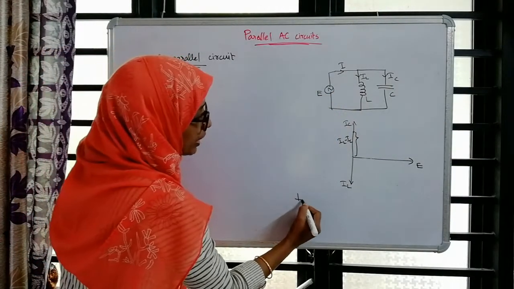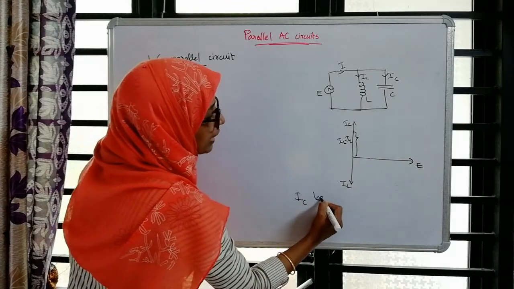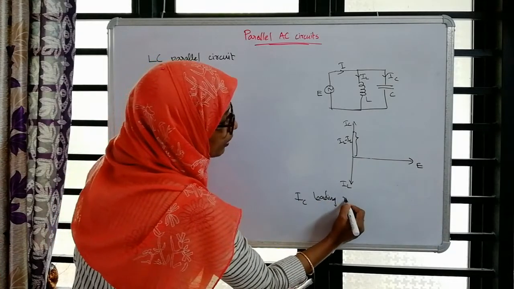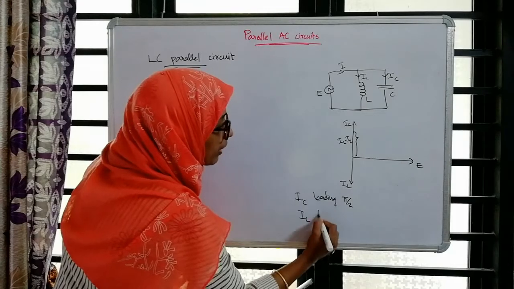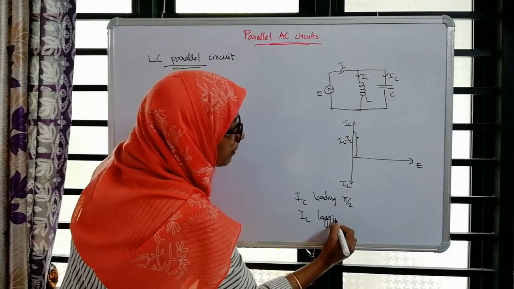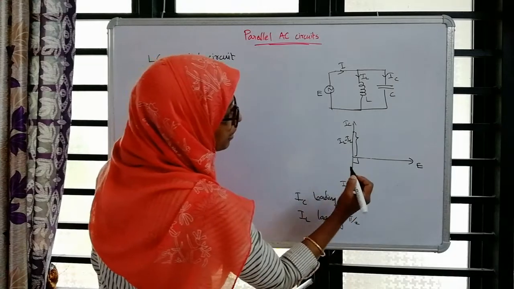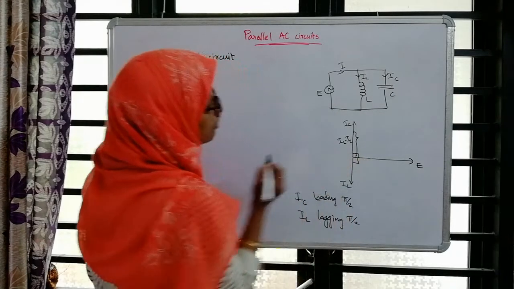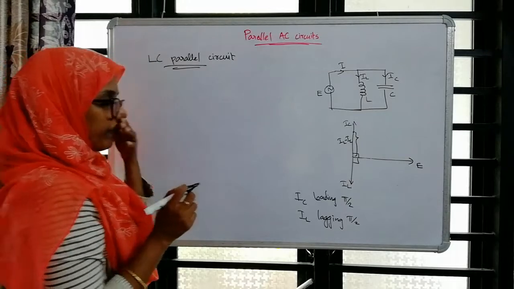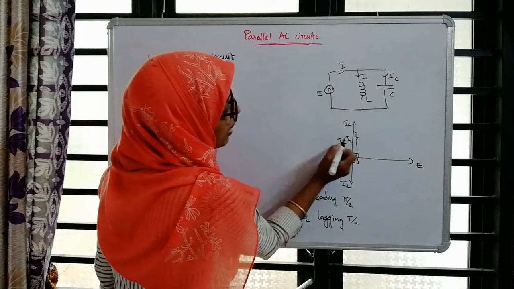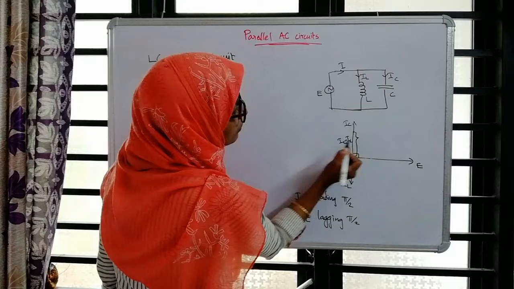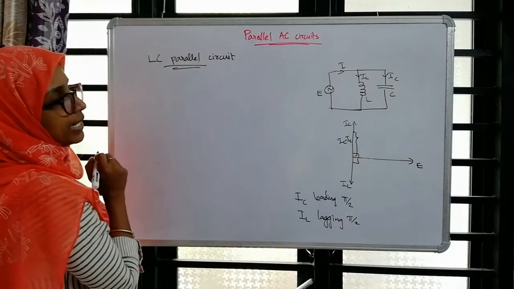Then it will be discussed as, we know IC is leading EMF by pi by 2 and IL is lagging EMF by pi by 2. So we can consider the net effect as IC minus IL.